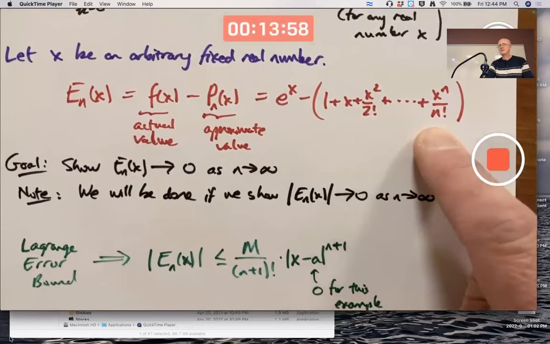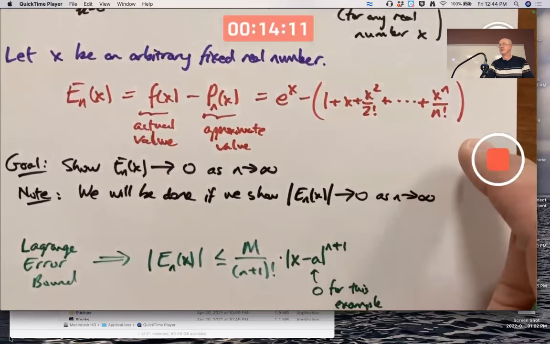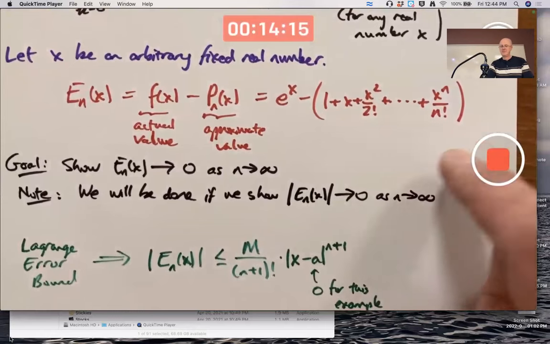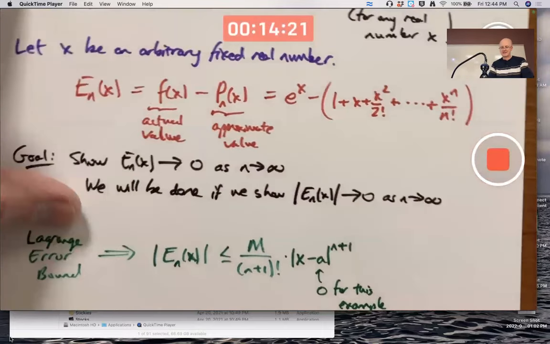I can derive this polynomial by taking derivatives of f of x and plugging in 0. If I took derivatives of f of x and plugged in some other number like 2, I'd be trying to find coefficients for the Taylor series and Taylor polynomial centered at 2. And I'd have powers of x minus 2, not plain powers of x. That's why this is centered at a equals 0, and that's why that's 0.